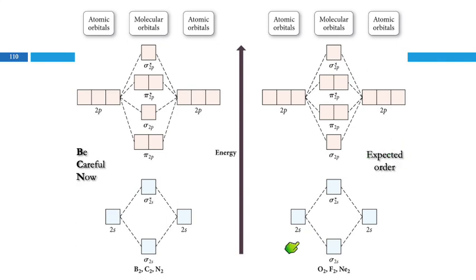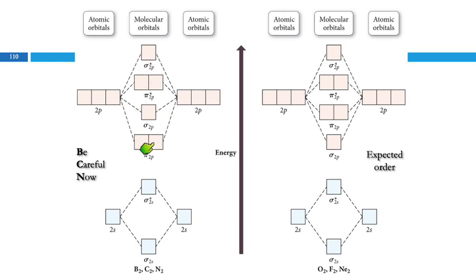And then if we look at the s orbitals in that principal energy level, they're going to do what they did before. We're going to have one that's lower and one that's higher. Okay? Boron, carbon, and nitrogen. Be careful now. These are the ones that are different, and I'm not going to try to trick you with this. What's different here?